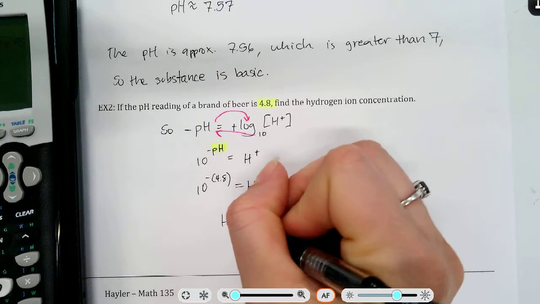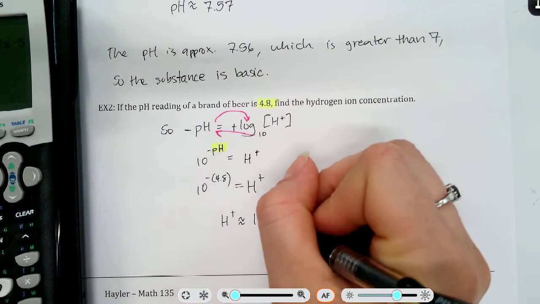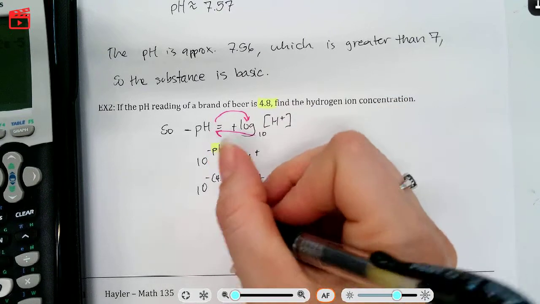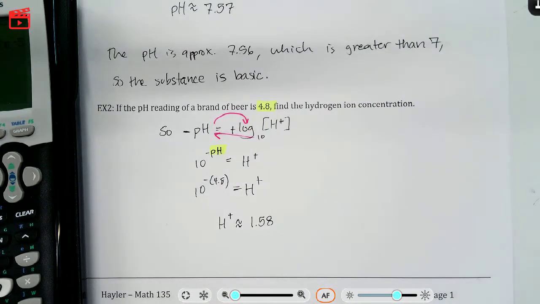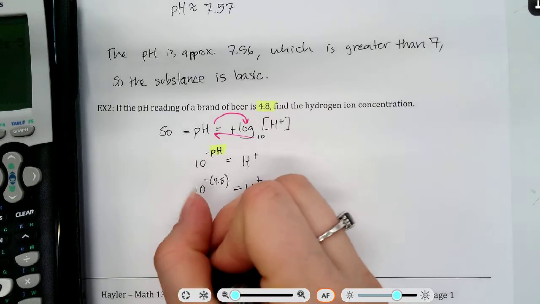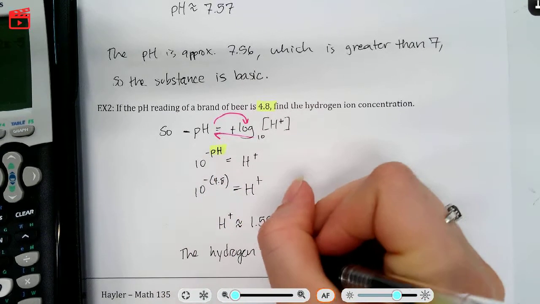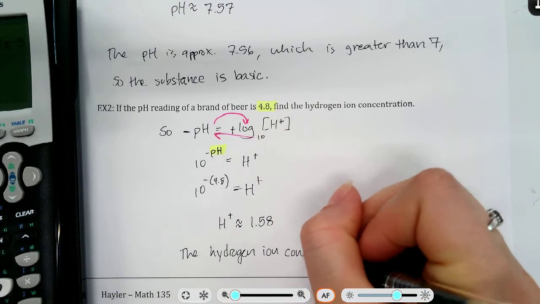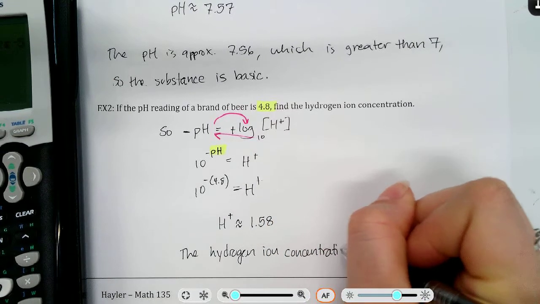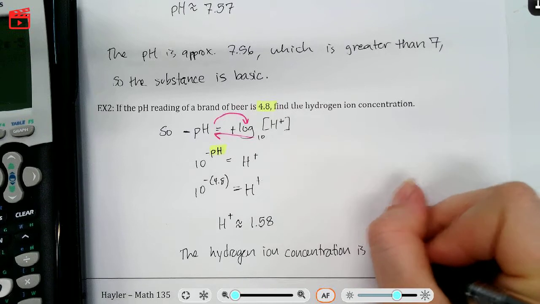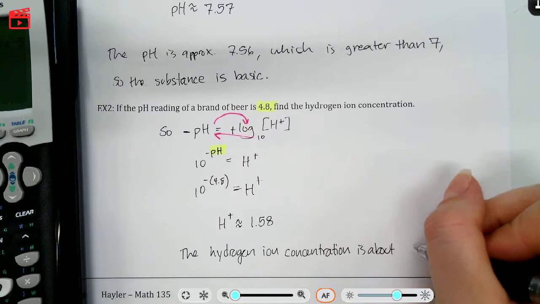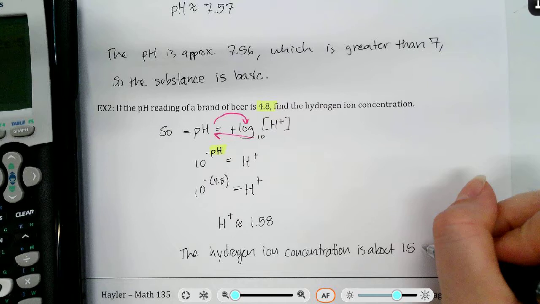So H plus is approximately 1.58. As usual, unless I was told otherwise, I rounded to 2 decimal places. So the hydrogen ion concentration is about 1.58.